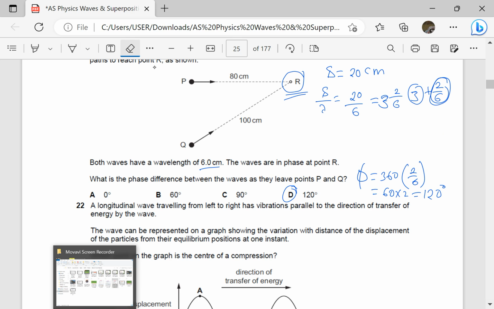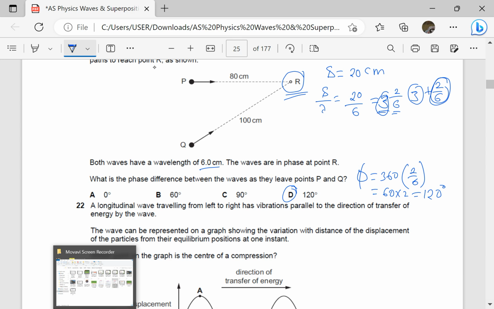So I am saying if we had 20/6 as the ratio of the path difference to wavelength, this gives us 3 cycles and 2/6, which is 3 cycles plus 1/3. That means for 3 cycles, if there was nothing else, that would still be in phase. It means the sources would have been also in phase.